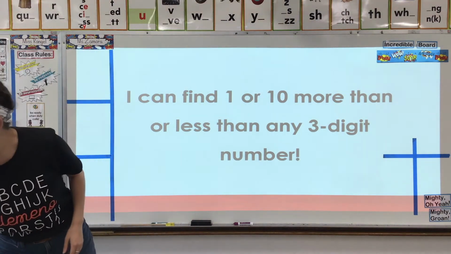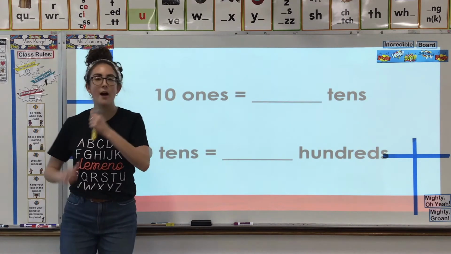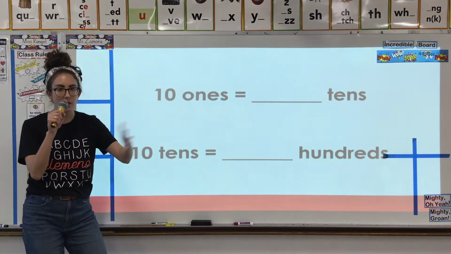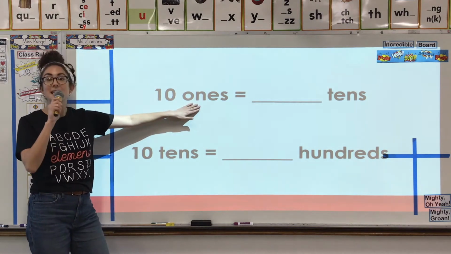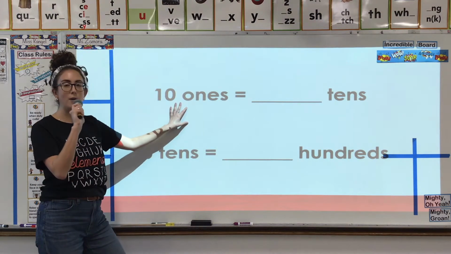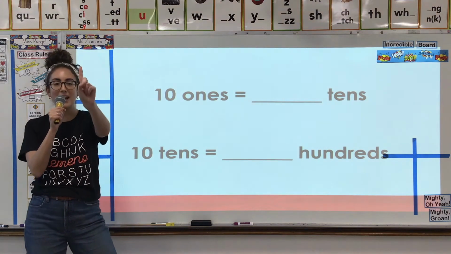Okay, but before we get started, I want you to shout this super important knowledge nice and loud on this Thursday, because this is all the knowledge we're using. Okay, 10 ones equals what? A group of 10 ones is 1 ten, of course.